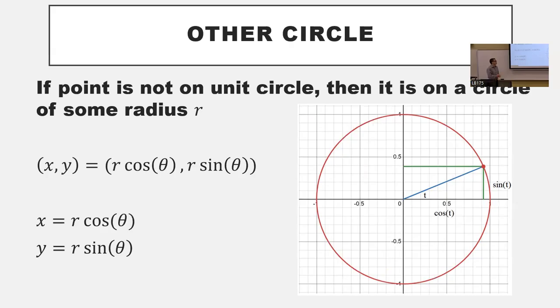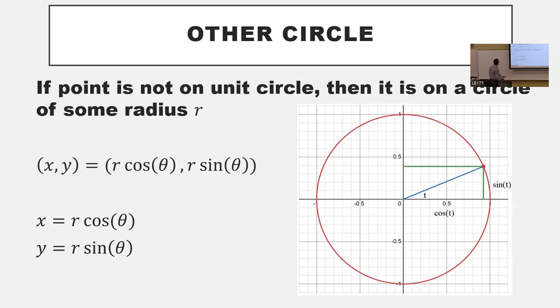Well, the question is, what if we scale that circle up? If we scale that circle up, or down, we could scale it down or up, then all we have to do is change the radius of that circle. So any point on some circle of radius r can be written as r cosine of theta, comma r sine theta.